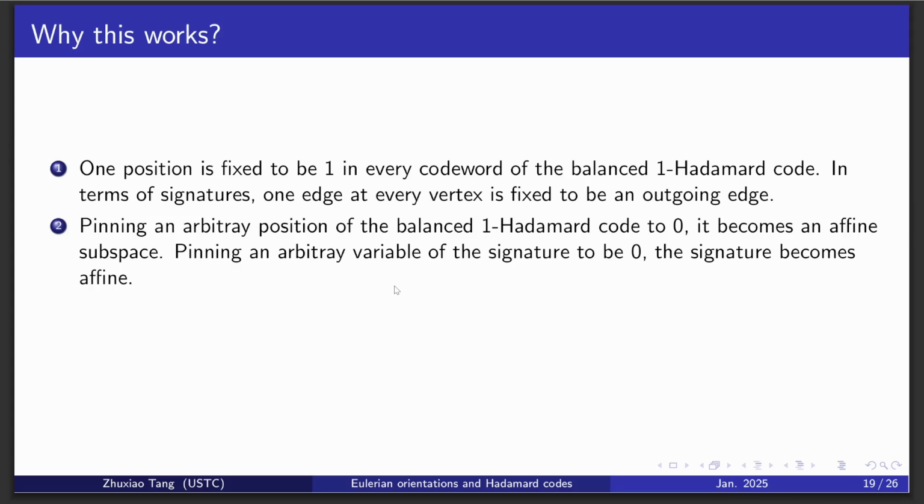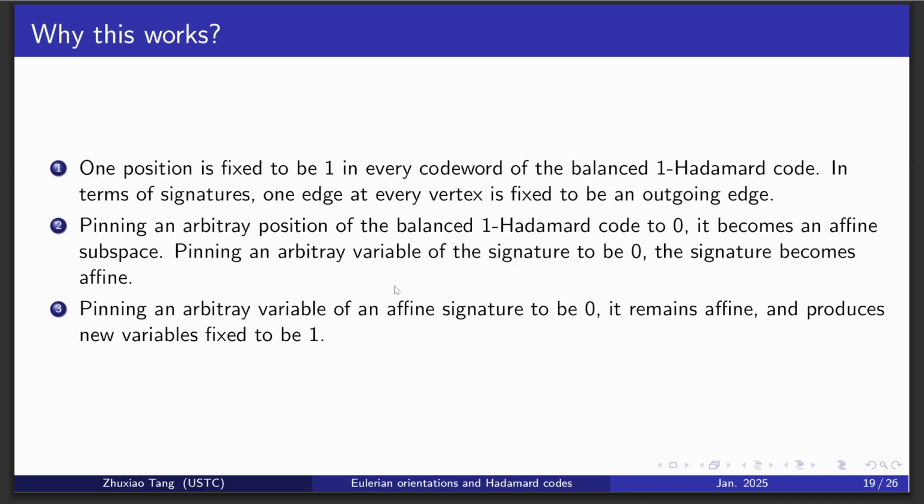That's equivalent to pinning 0 to an affine signature. And a pairwise opposite property of affine signatures guarantees that pinning a 0 to an EO affine signature will produce new delta 1 factors. So we can do the propagation.